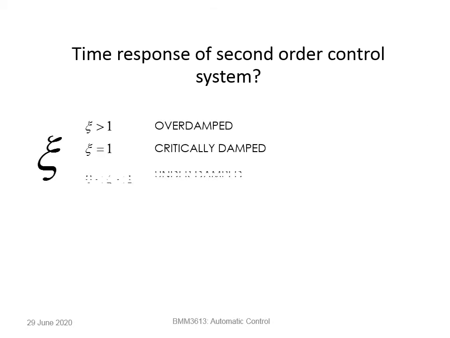To summarize, if you write the transfer function with the parameters zeta and omega n, it is sufficient to look at the value of zeta to guess the type of transfer function, the type of system that you have. We've seen that if zeta is larger than 1, then it is an overdamped system. So what does zeta mean? Zeta is the damping ratio. If the damping ratio is large, so basically the nominal value is 1.